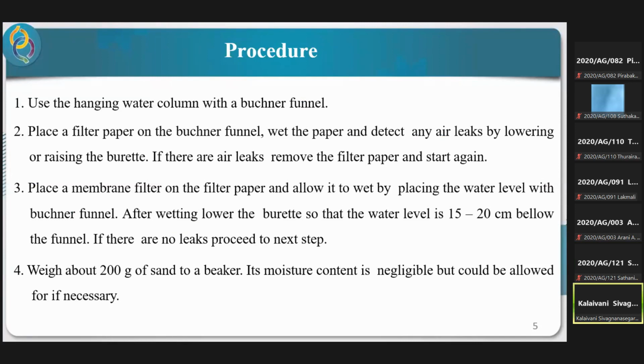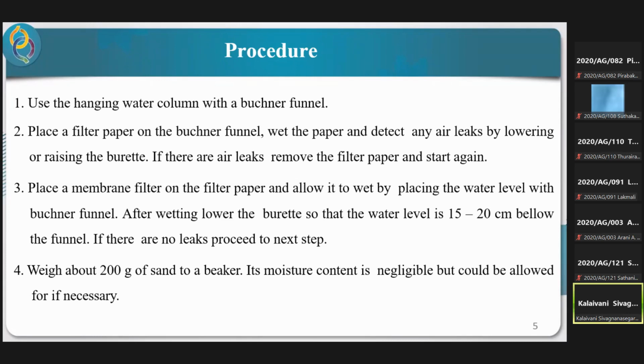For this you have to use a hanging water column setup with a Buchner funnel. For the first step, you have to place a filter paper within the Buchner funnel. You have to place the Buchner funnel, and like they showed in the video, you have to move the burette up and down and check for air leaks.